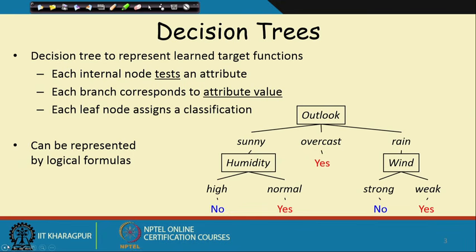And similarly, in the branch rain, I again ask what is the value of the wind attribute. So, basically this child can either lead to another internal node of the tree, or I can directly set, for example, in this overcast, that if the value of outlook is overcast, the class level is definitely yes. Okay. So, I directly tell the class level.